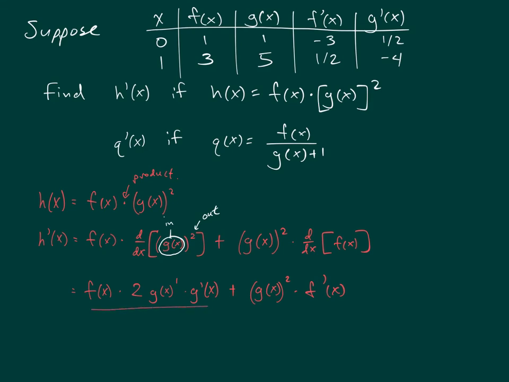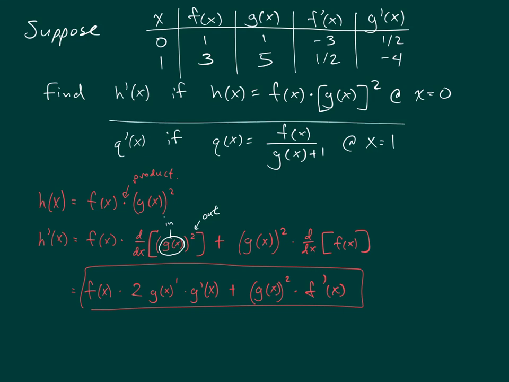So this is what we get here. I think it would be helpful if we knew which value to substitute in here. So this will be at x equals 0 for the first one, and at x equals 1 for this second example here.